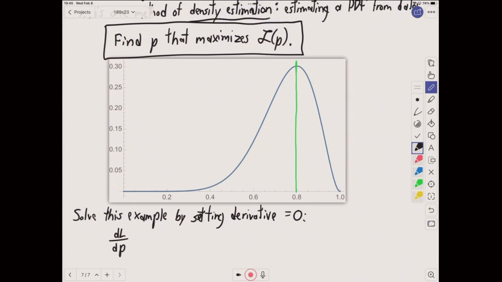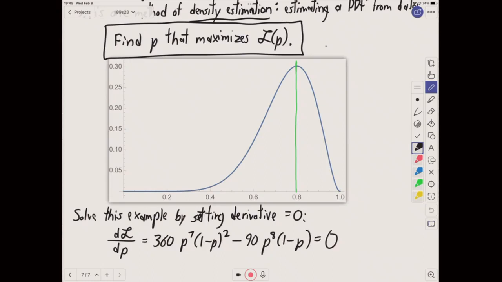So the derivative of the likelihood function with respect to p, it's not too hard to figure out that that is this, and we're going to set that derivative to 0 because we're trying to find the maximum, and the maximum is a critical point.